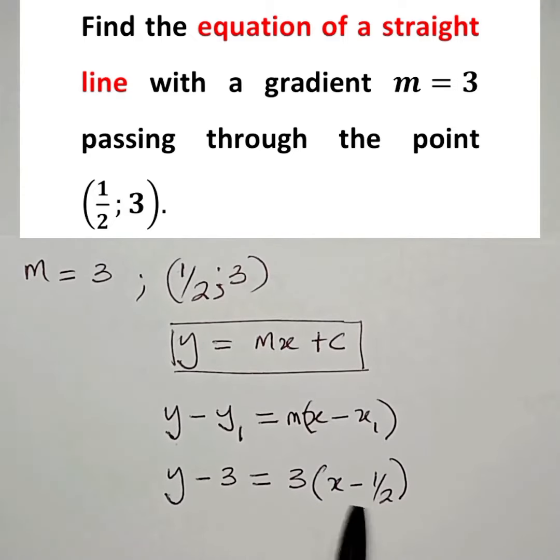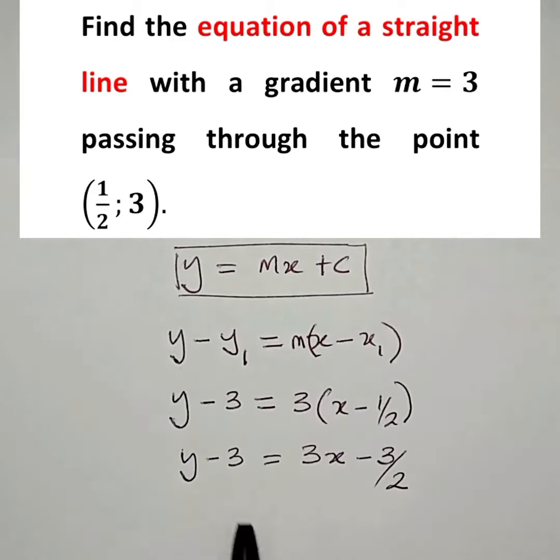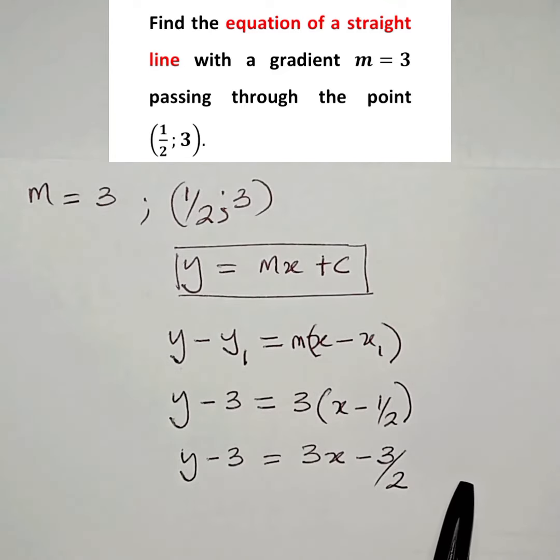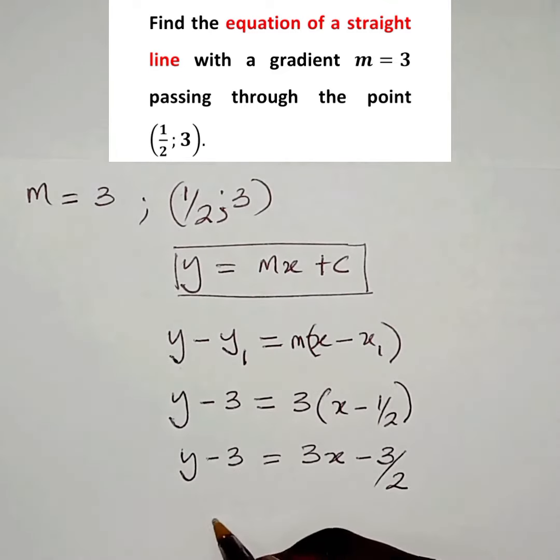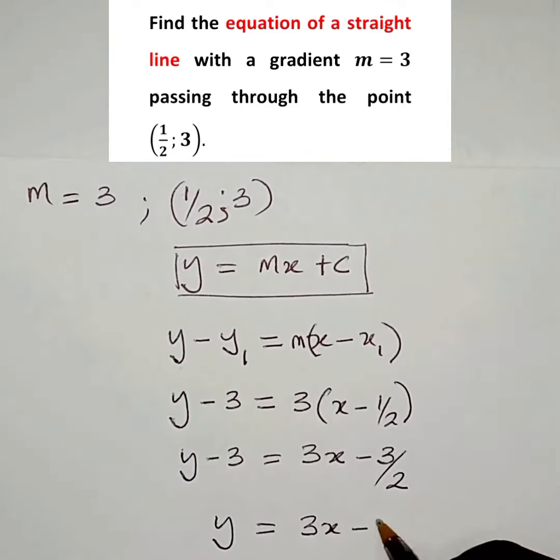I can just remove these brackets on this other side. We have y minus 3 is equal to 3x minus 3/2. If I take this minus 3 to the other side, it becomes positive. So we are having y is equal to 3x minus 3/2 plus 3.